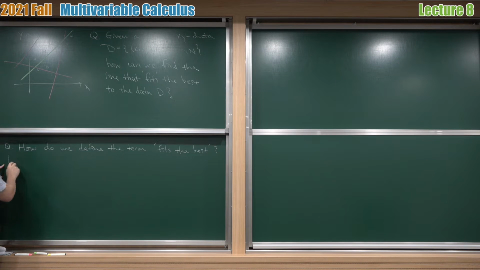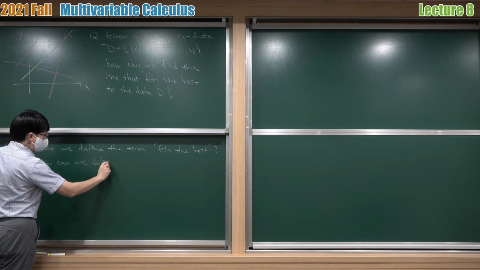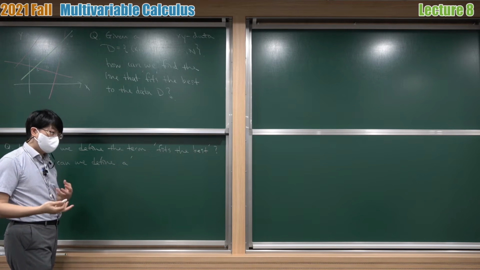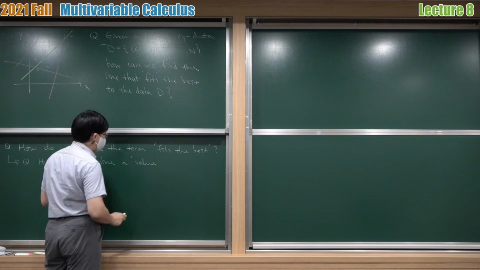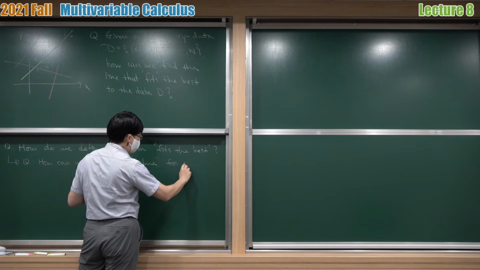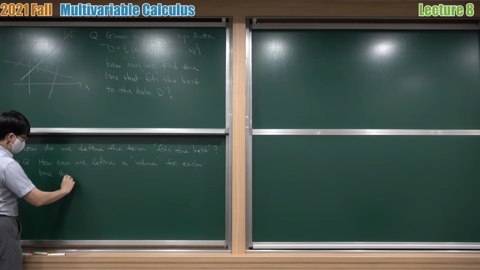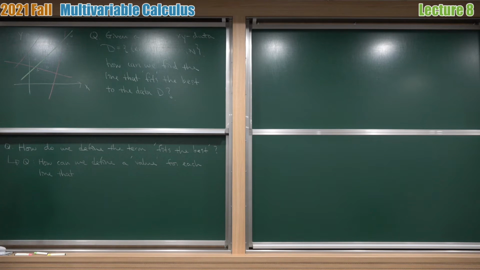So there's a sub-question to answer this question. How can we define a value, or you can call it a property, let's say a value for each line that you might compare?